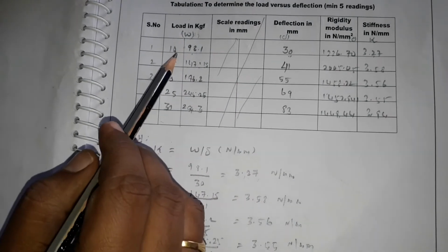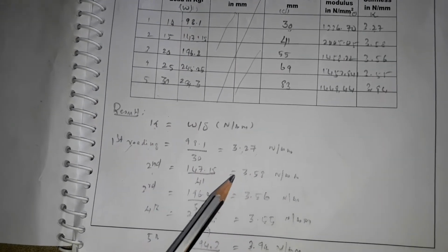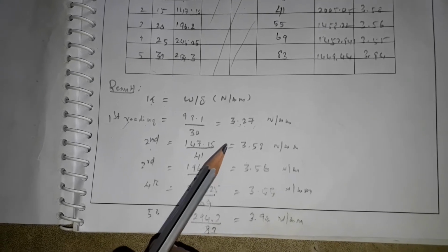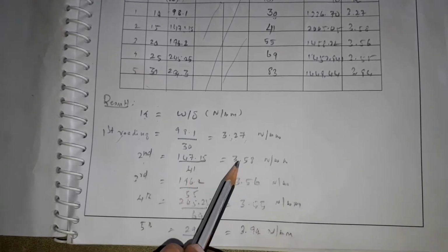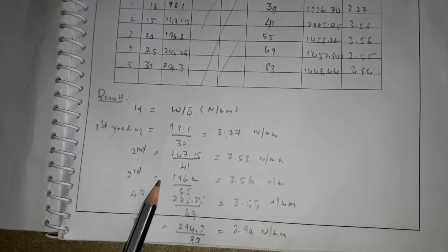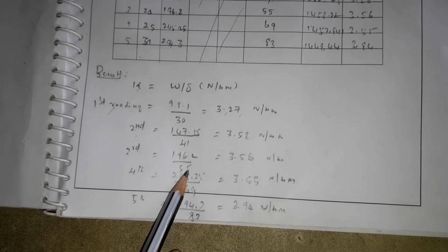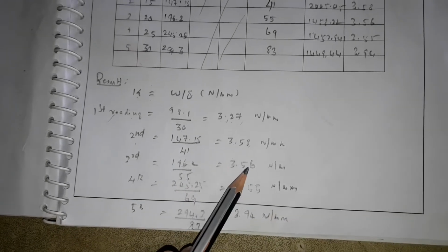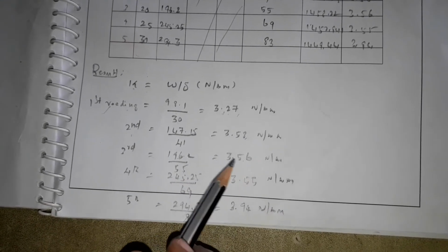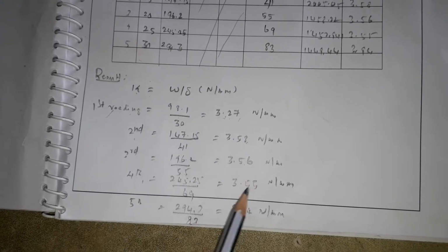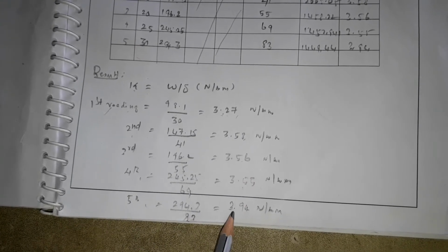Then second reading, 147.15 divided by 41, because here the load is converted into Newton. So for Newton, you should multiply kg by 9.81. Okay, the second value is 147.15 divided by 41, so 3.58, and third value is 196.2 by 55 equals 3.56 Newton per mm, and fourth value is 3.55 and fifth value is 3.94.